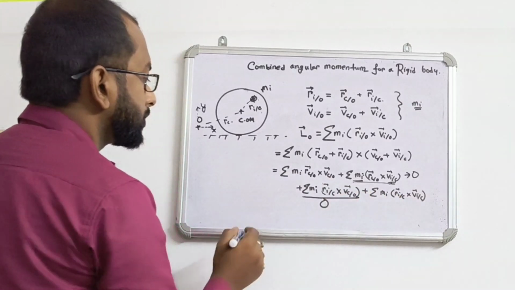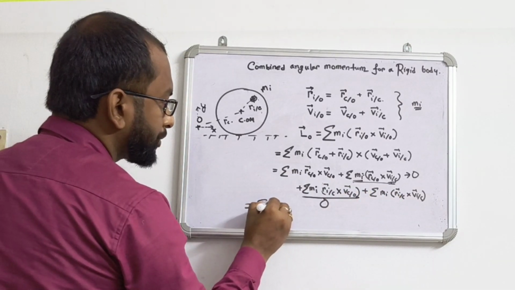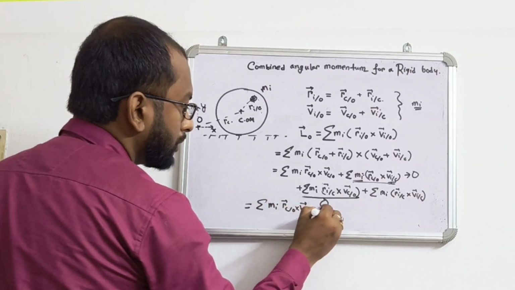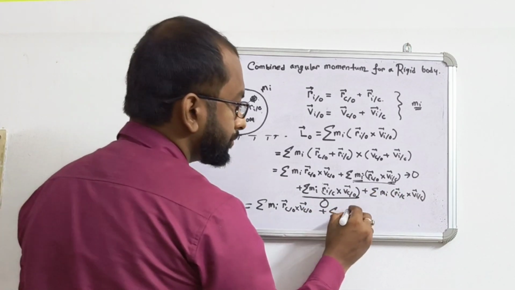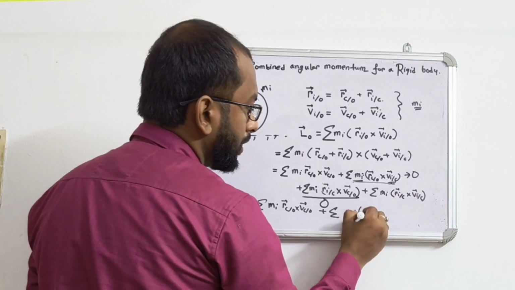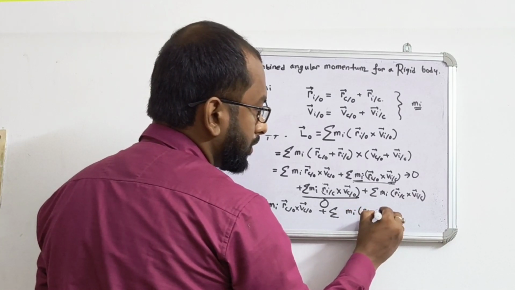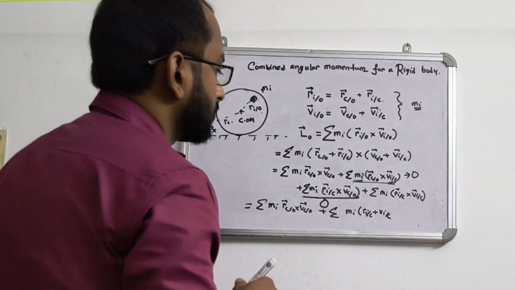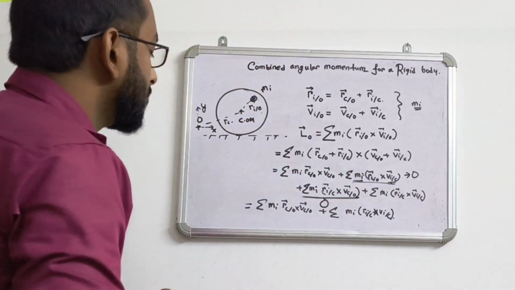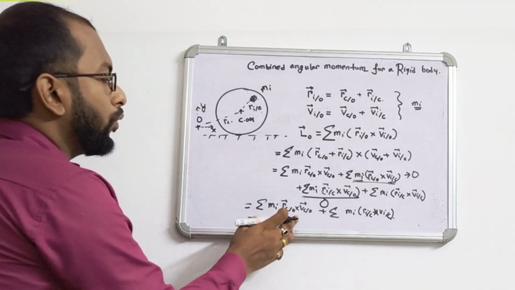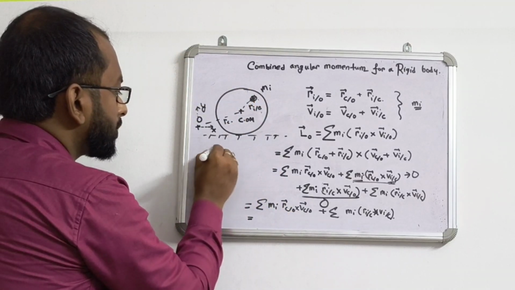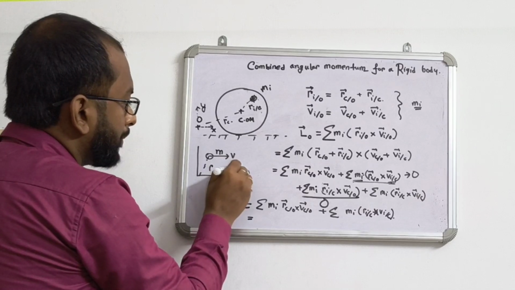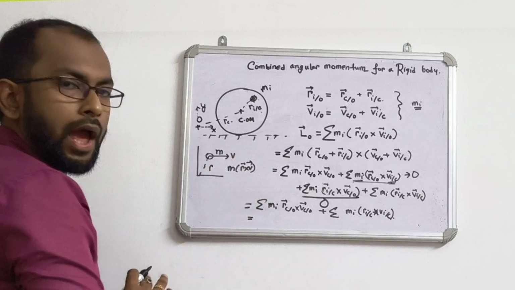So we are left with 2 terms. First term is summation of MI RC with respect to O cross VC with respect to O, plus summation of this part, MI RI with respect to C cross VI with respect to C. Now this term is basically the angular momentum of this body with respect to O. If any mass is moving with velocity V and if the position is R, m into R cross V is the angular momentum with respect to this origin.